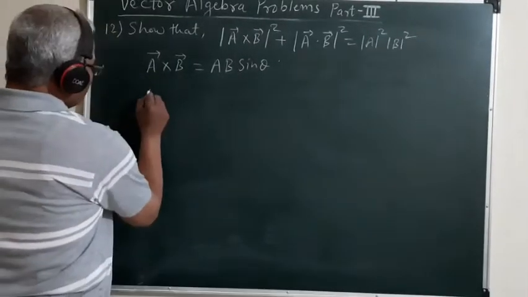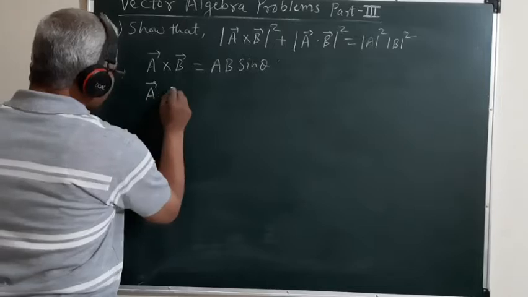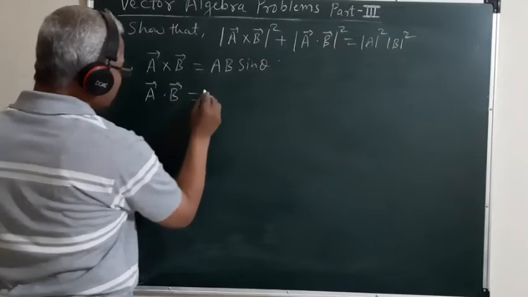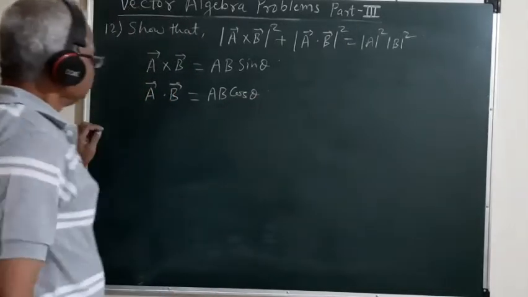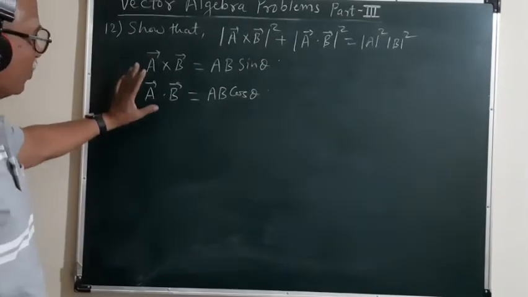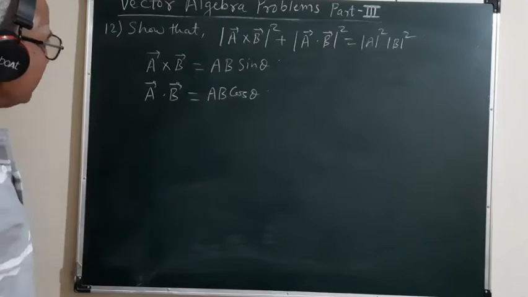Similarly, the dot product of two vectors a bar and b bar is expressed as a b cos theta.